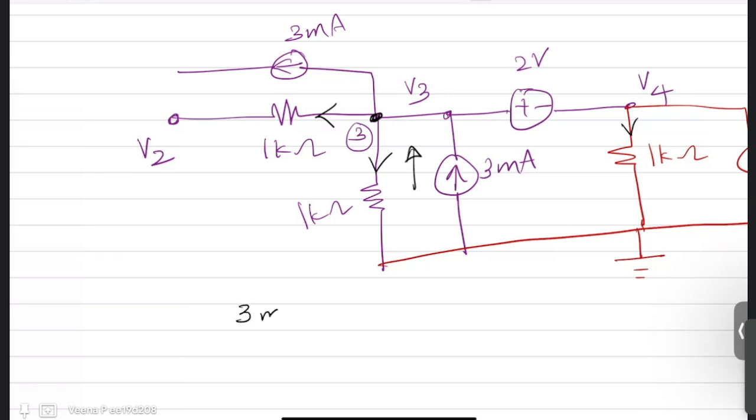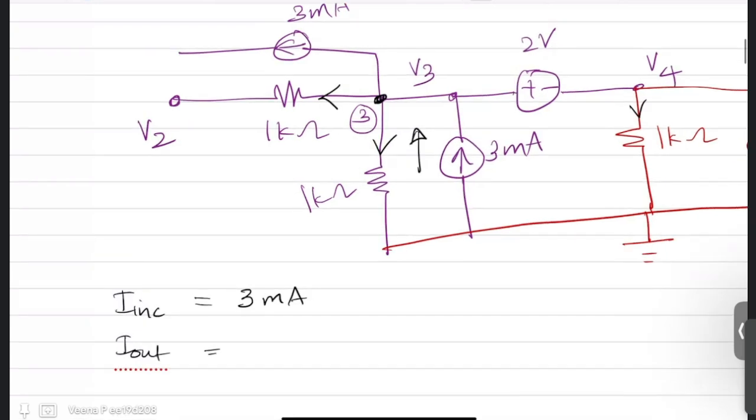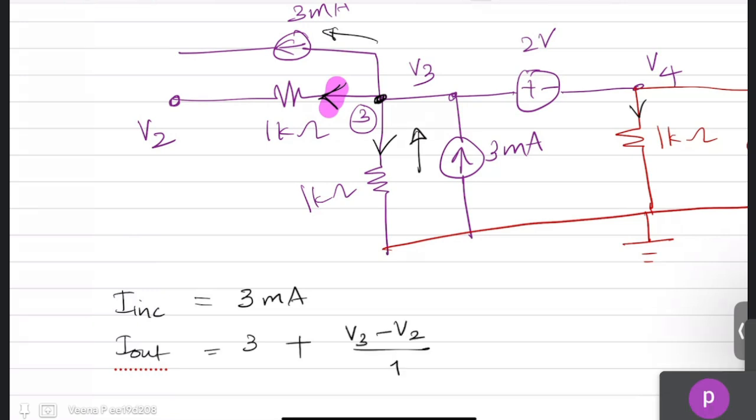Now which are the outgoing currents? Outgoing currents are this another 3 milliampere plus this one, V3 minus V2 by 1, then this guy is outgoing, V3 by 1.